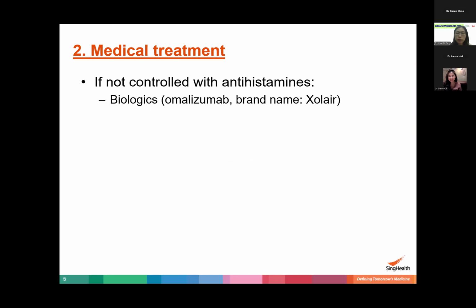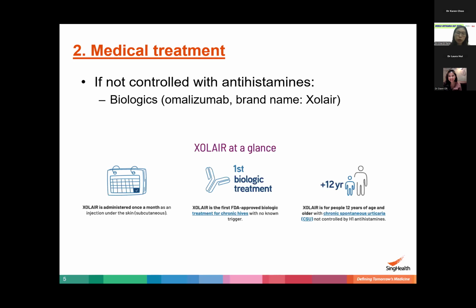If you're not controlled with antihistamines, despite being on the maximum dose of 4 tablets a day, there are other medications that are generally used, and these are newer medications called biologics. In the case of urticaria, it's a specific medicine called omalizumab or the brand name Xolair. So Xolair is given once a month. It's injected under your skin.